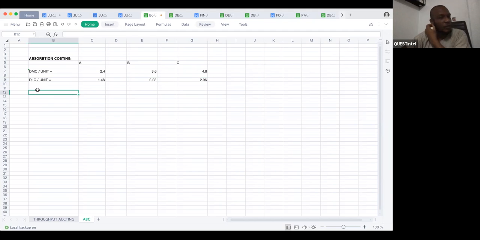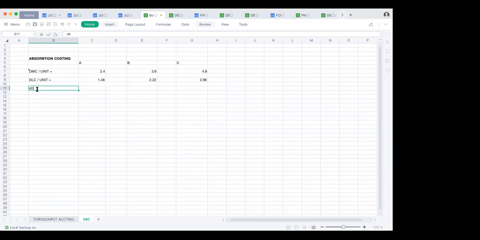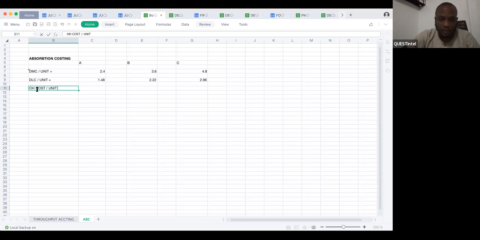Now our overhead cost, we can go and do the working on the side. So our overhead cost per unit, we can do a working, we just call that work 1, and do the working on the side. Where do we want to put these workings?